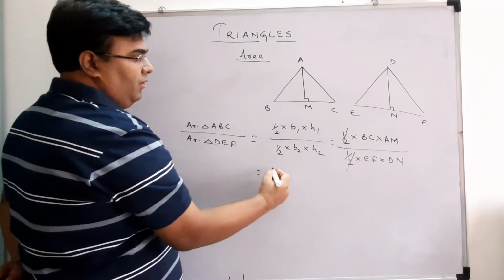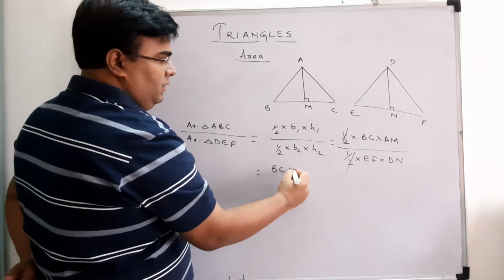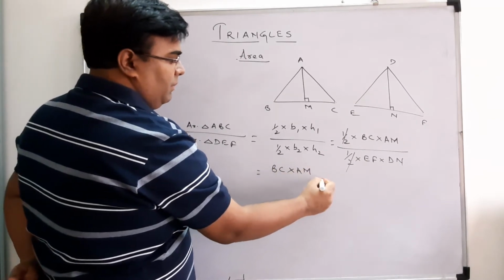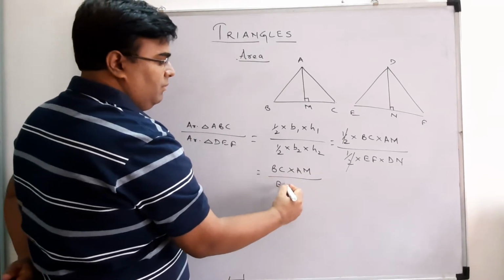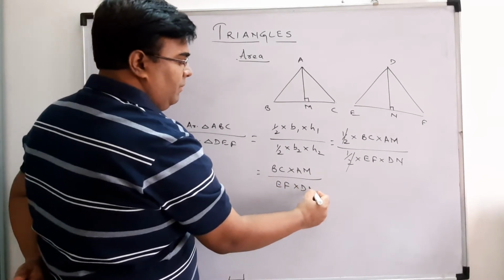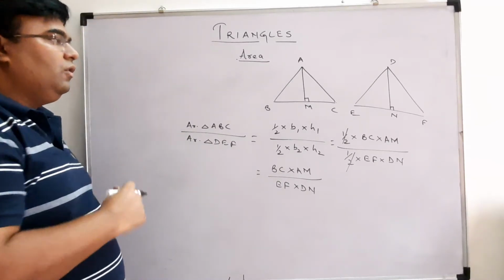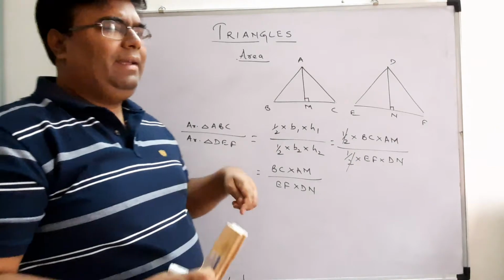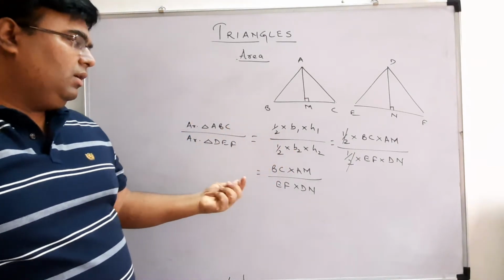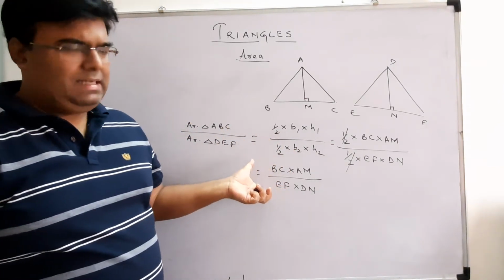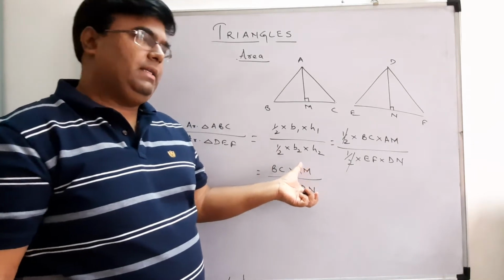So we will get the formula BC multiplied by AM upon EF multiplied by DM. Right? So the ratio of areas of any two triangles is the ratio of their bases multiplied by the ratio of their heights.